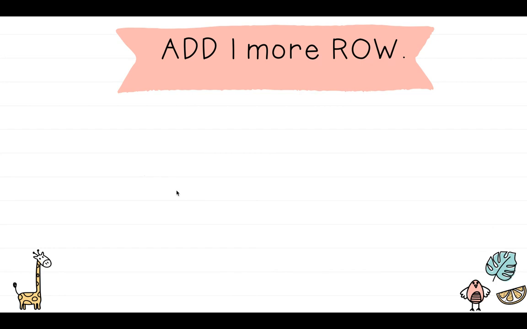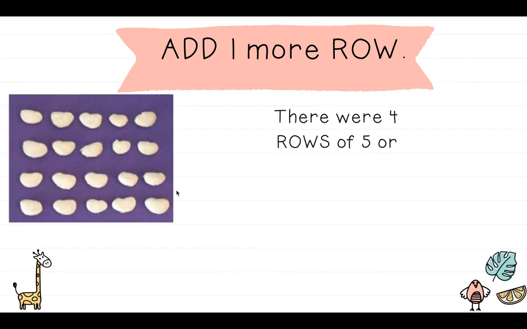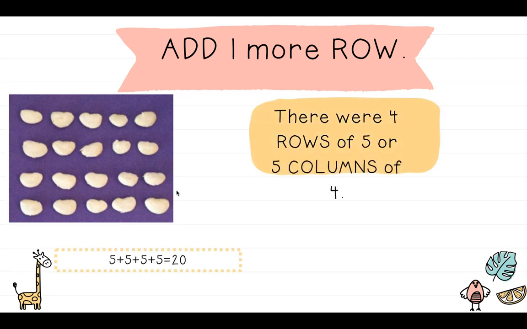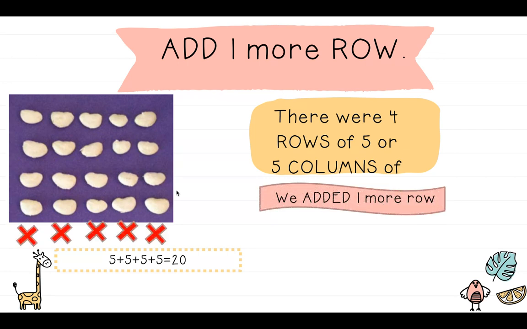So let's say we needed to add one more row. Okay, there were 4 rows of 5 or 5 columns of 4, just another way, but we are looking at the rows. So since we're looking at the rows, our repeated addition was 5 plus 5 plus 5 plus 5, which equals 20. We added one more row.